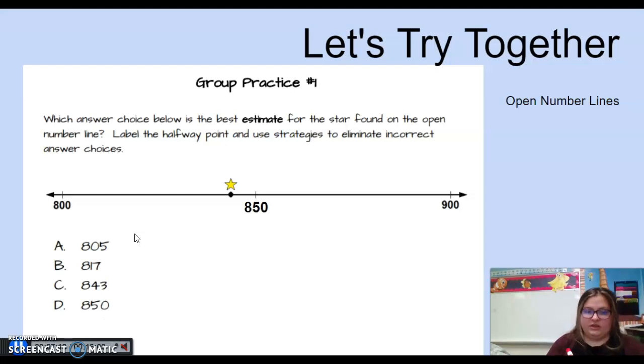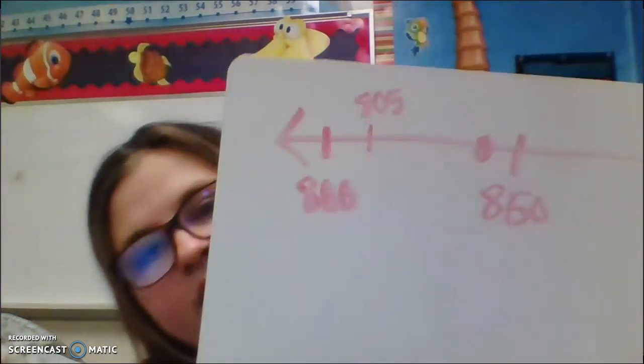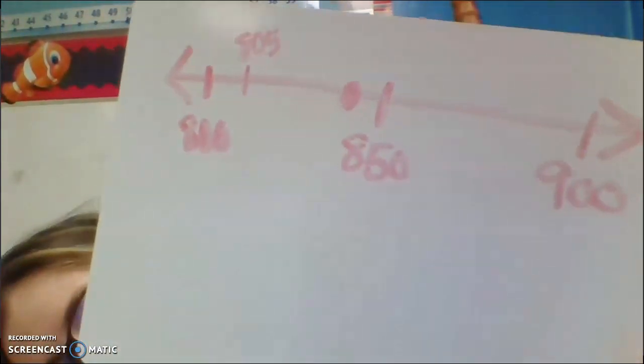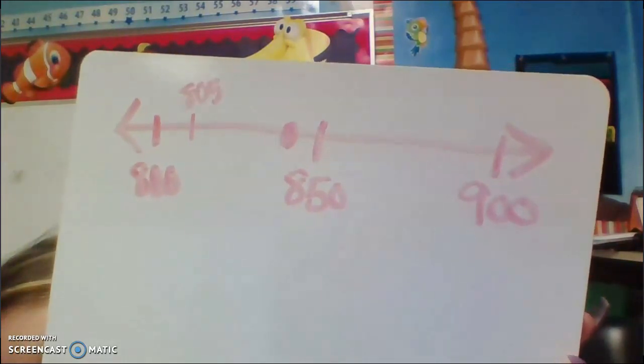So if I was to plot that point on mine, I would say that 805 is like right there. Okay, so I'd say 805 is really close to 800. So is that where our star is? That's not where our star is. So let's look at the next answer choice.